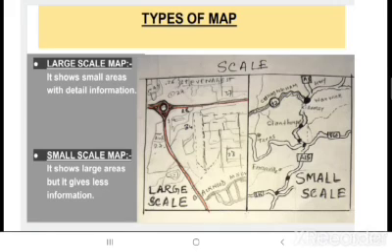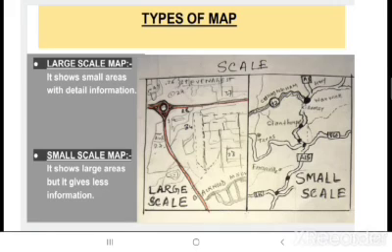That means when I am taking a large area like the whole school, the information is very limited. On the contrast, when I am taking a very small area, suppose the classroom only, then you can give me a very detailed picturization of the whole classroom, where everything is placed.